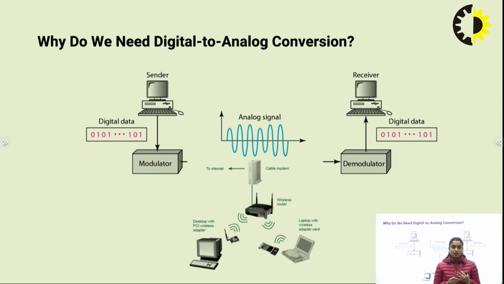It is more immune to noise. The coding techniques available are applicable on digital in a better way. So there are n number of reasons that make us switch from analog to digital communication, right?